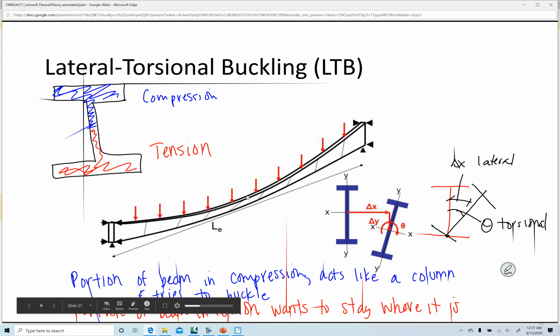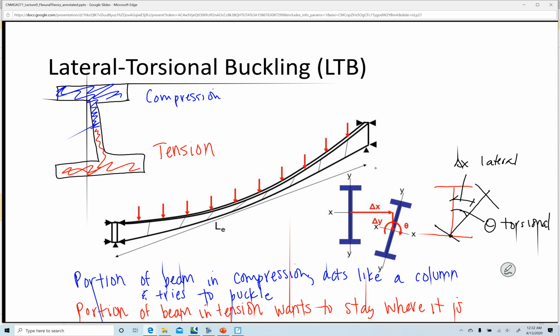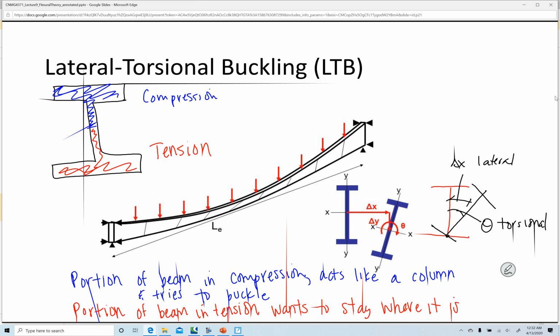Lateral torsional buckling is if your top flange is moving laterally, and your entire cross section is also twisting, torsion. Oh, that looks terrible.